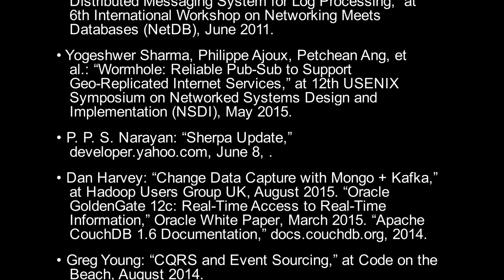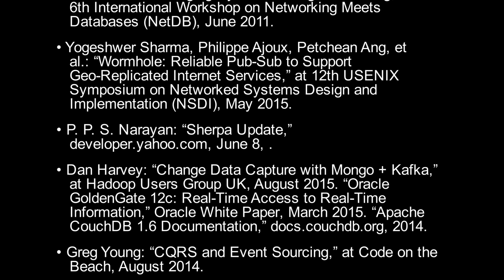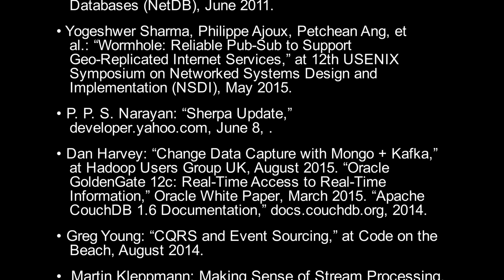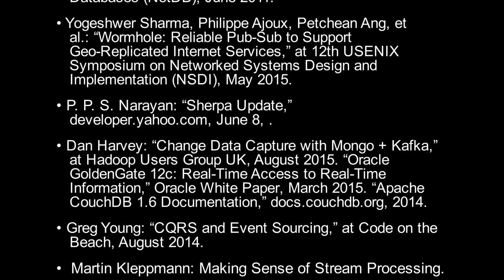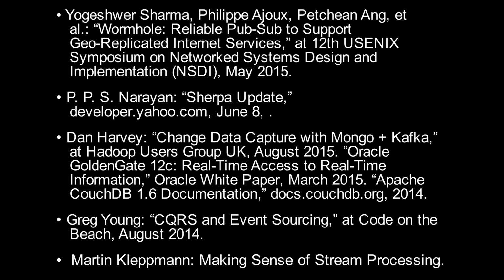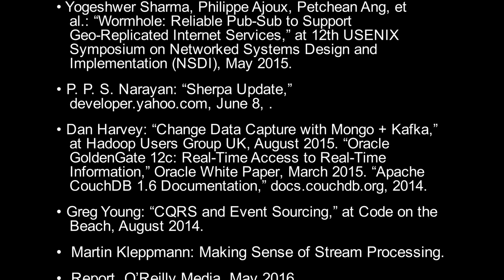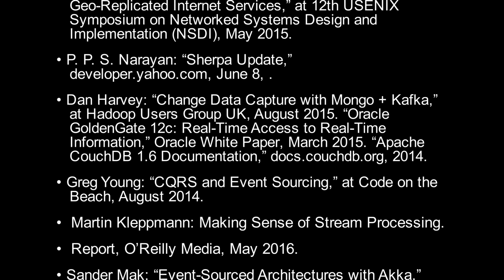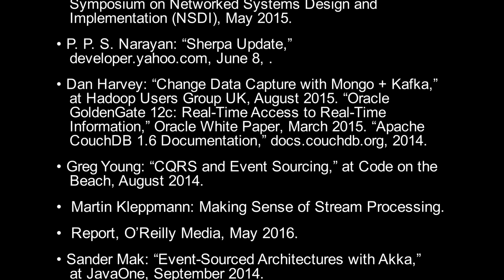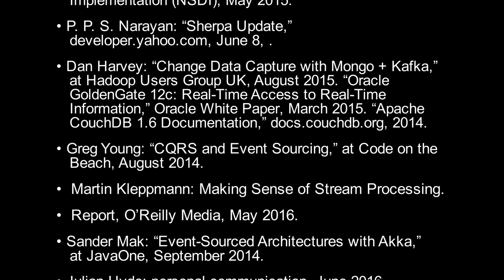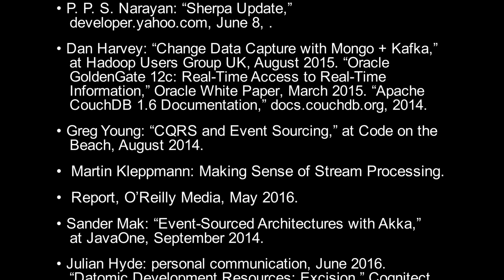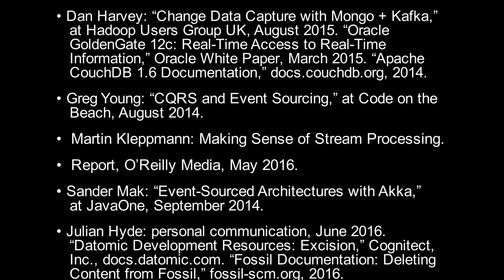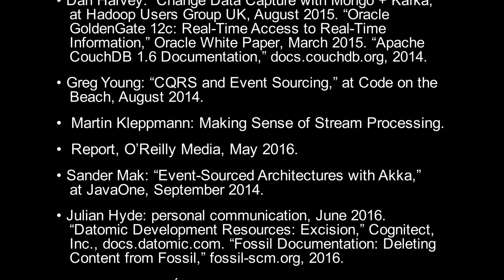Oracle GoldenGate 12c: Real-Time Access to Real-Time Information, Oracle White Paper, March 2015. Apache CouchDB 1.6 Documentation, docs.couchdb.org, 2014. Greg Young: CQRS and Event Sourcing, at Code on the Beach, August 2014. Martin Kleppmann: Making Sense of Stream Processing, Report, O'Reilly Media, May 2016. Sander Mak: Event-Sourced Architectures with Akka, at JavaOne, September 2014.